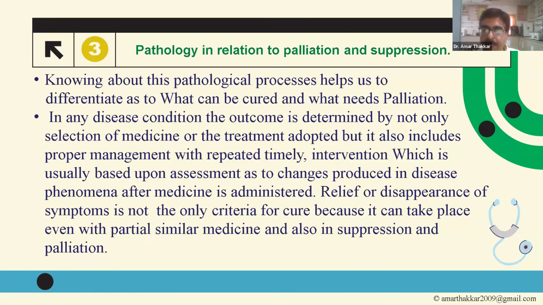Now, simply relief or disappearance of symptom cannot be the only criterion for cure, because disappearance of symptoms, according to homeopathic philosophy, does not always mean that a curative action has taken place. So, knowing that a symptom has disappeared, you might think from the purview of pathological process whether suppression has taken place or not.